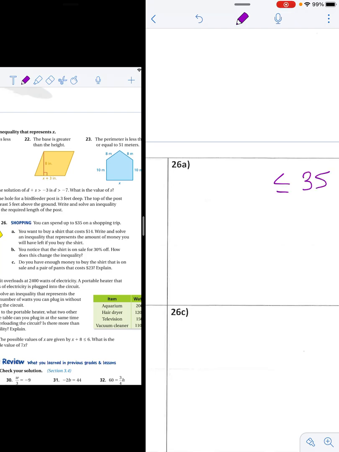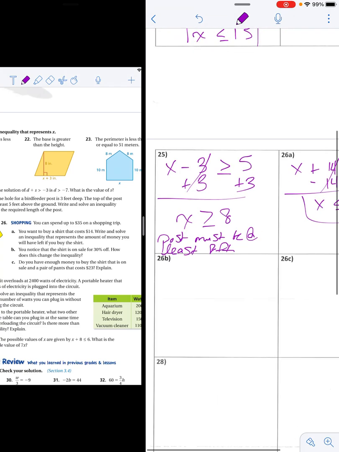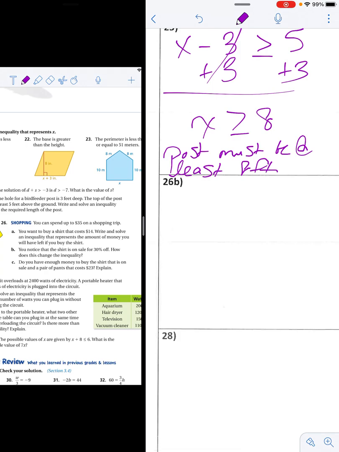So again, you have up to 35, so less than or equal to $35 to spend. Some amount plus the shirt is 14 needs to be less than or equal to 35, and solve. So I'm going to subtract 14 from both sides. So I will have $21 left to spend.